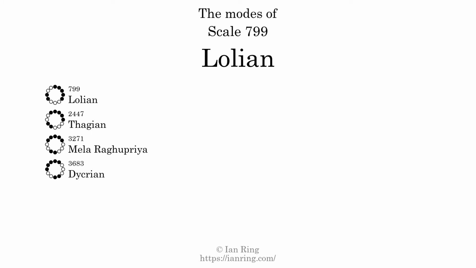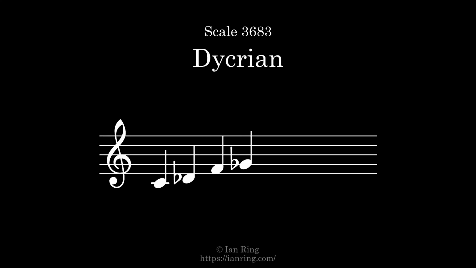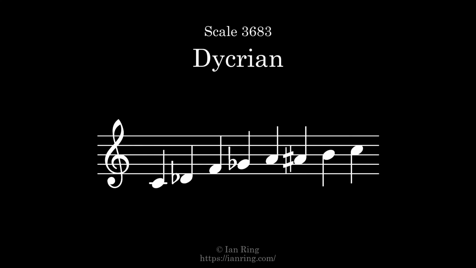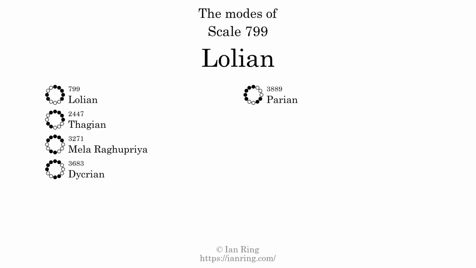The fourth mode is scale 3683, also known as Dikrian. It sounds like this. The fifth mode is scale 3889, also known as Parian. It sounds like this.